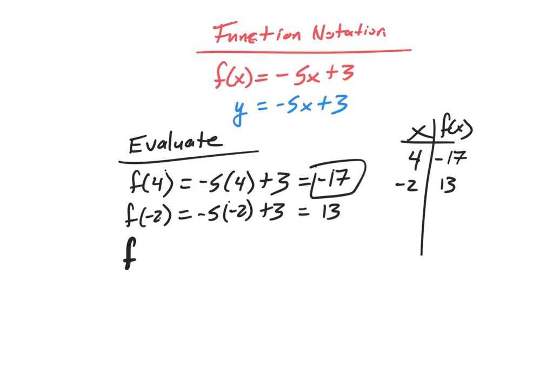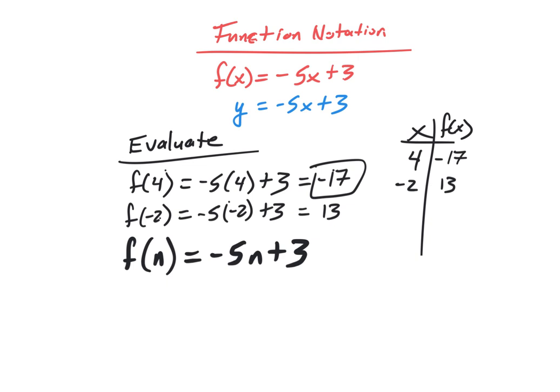we can also evaluate for a variable. Okay, and if I said, what is f of n, that means instead of plugging in a number, we're going to plug in a variable. The variable n is going to replace the x just like the numbers did. And so when I plug this one in, it would become negative 5n plus 3.